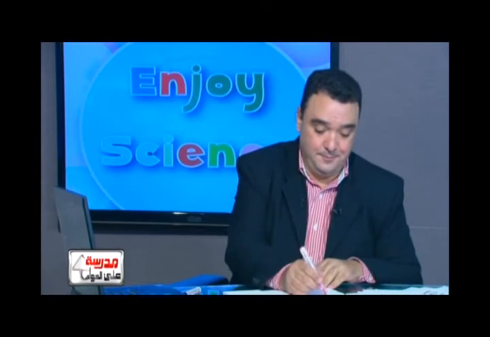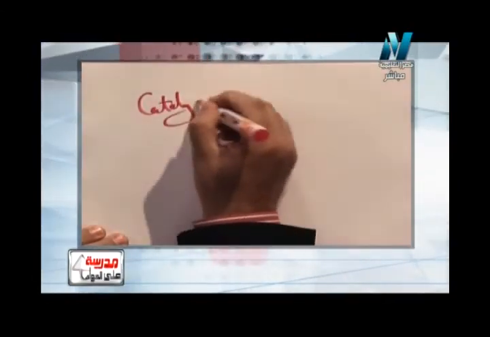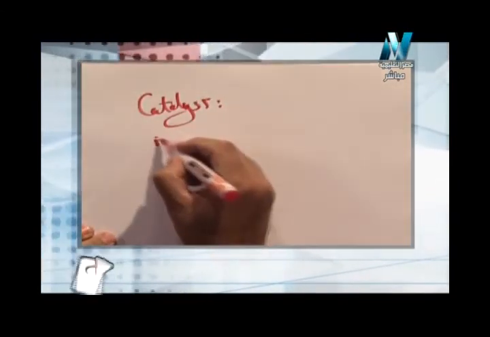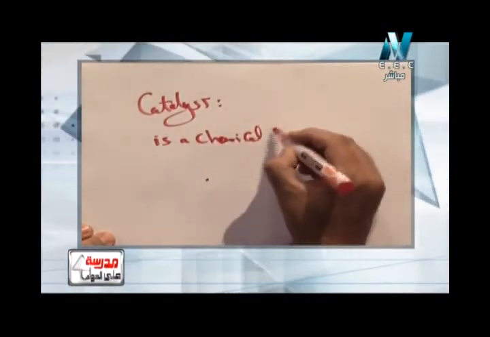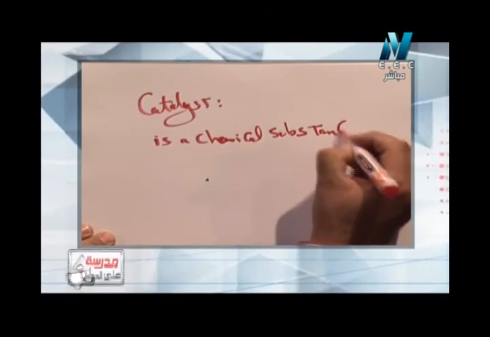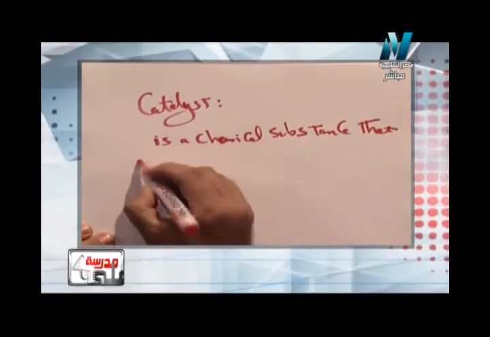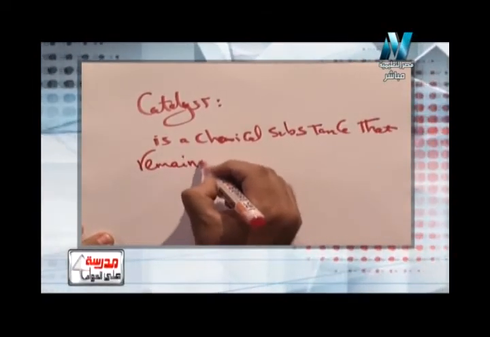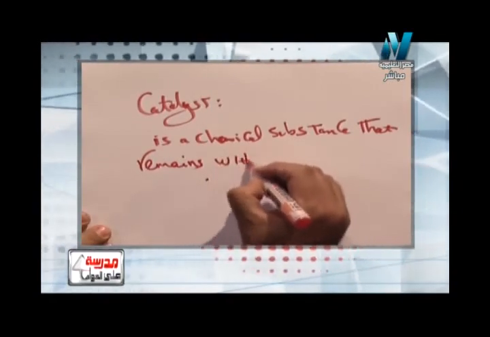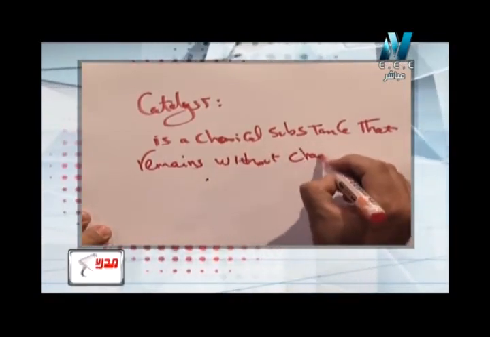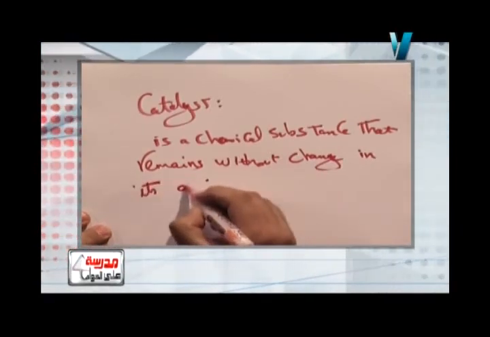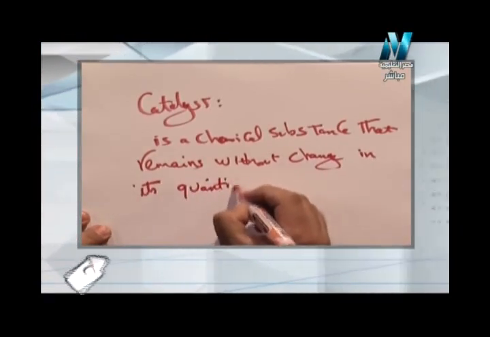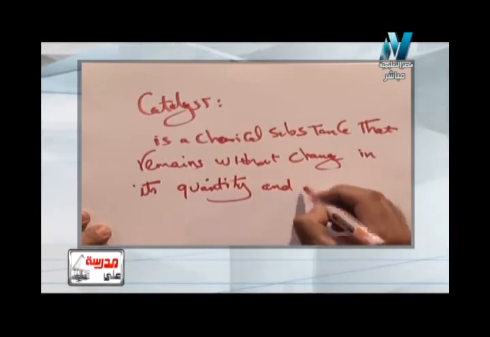So I can say catalyst is a chemical substance that remains without a change in its quantity and property.